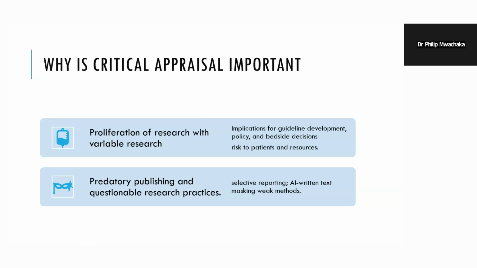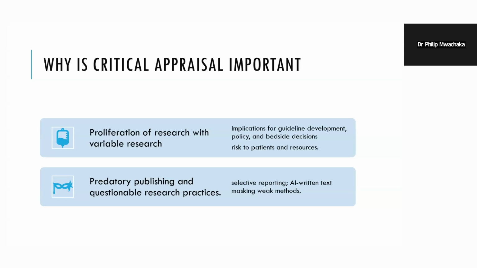And authors may also employ some questionable research practices. Yeah, so things like selective reporting. You report things that were positive from your study, and you don't report negative findings. So it is extremely important to conduct a thorough critical appraisal of a paper to be able to detect some of these things. And recently, we've had issues with AI being used to write papers.